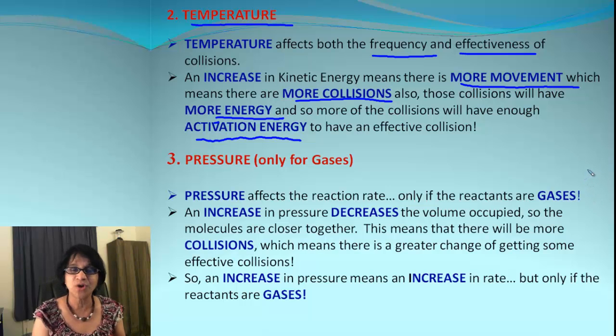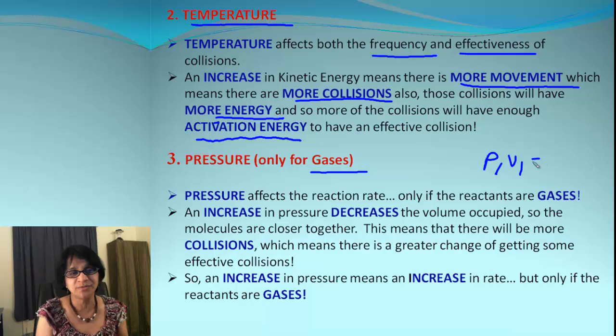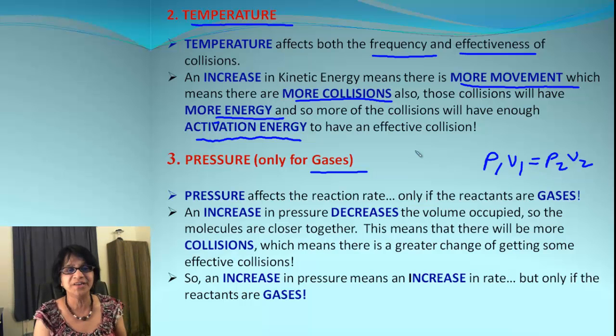Okay, let's move on to our next factor, and that is pressure. This is only valid for gases. So what happens when pressure is increased? If you remember, according to Boyle's law, P1V1 is equal to P2V2. So pressure and volume are inversely proportional. So if we increase pressure, volume goes down.